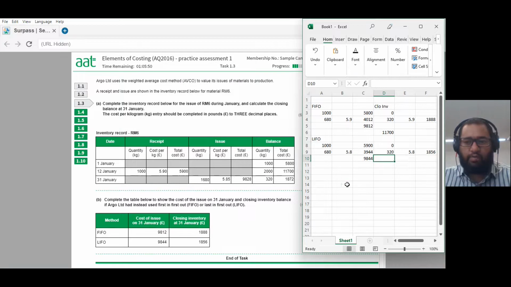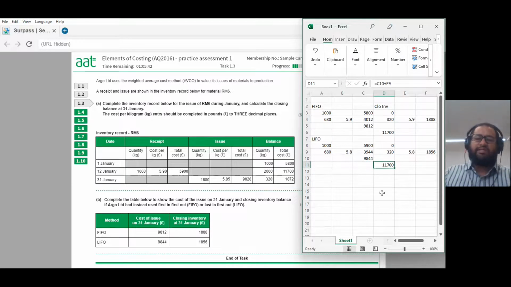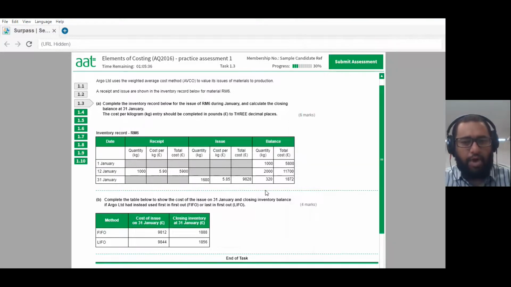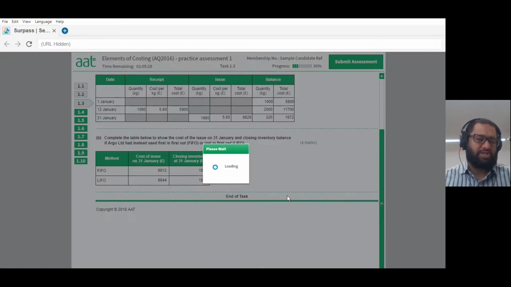Let's go back and check whether my total inventory value is equal to 11,700. Yes, 11,700 is as shown here. So that is going to be your acceptable answer. Therefore, you will be getting 6 marks for this calculation and 4 marks for the big calculation you have done below. Okay, now let's move on to the next one.